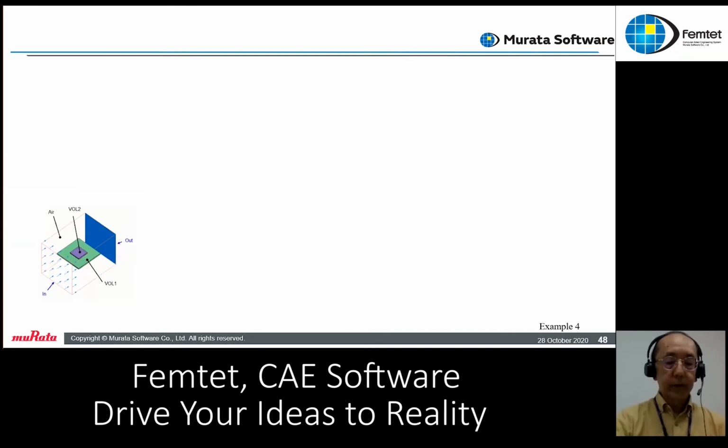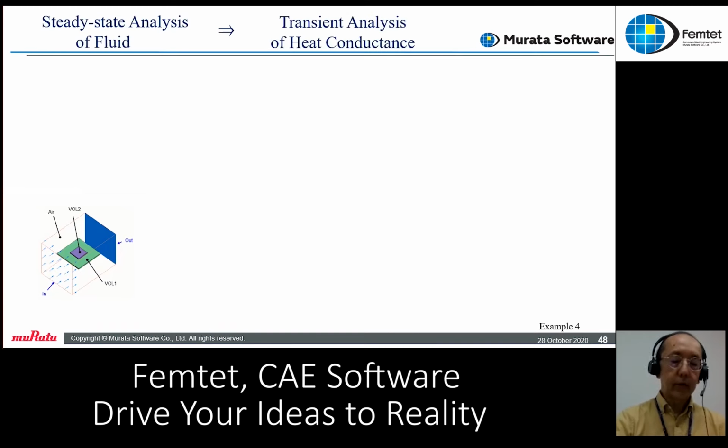Here is a multiphysics example of steady-state analysis of fluid and transient analysis of heat conductance. The analysis model is the same as the previous one. The state of flow is steady.